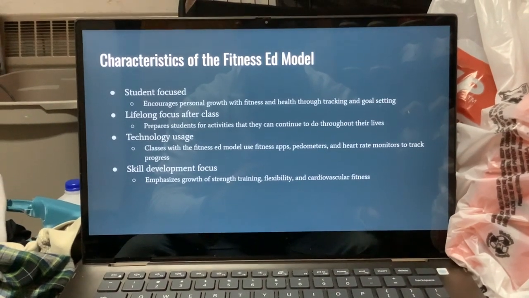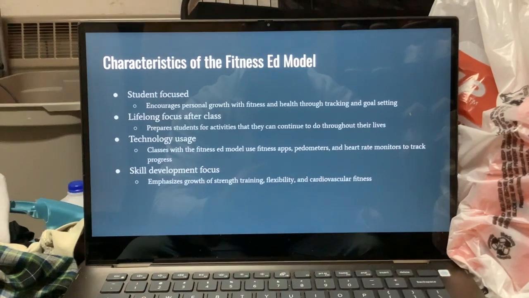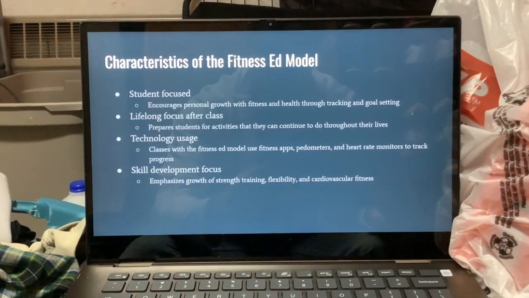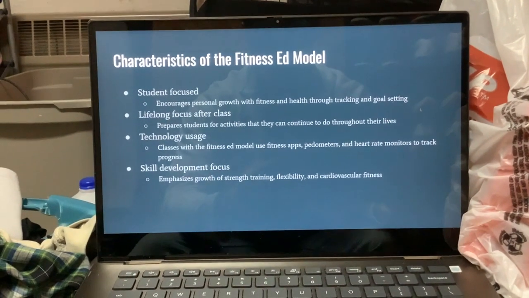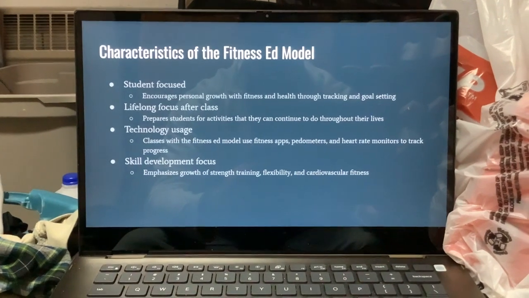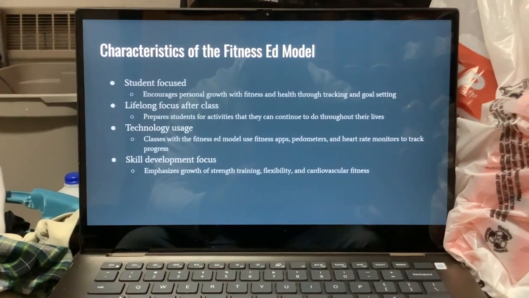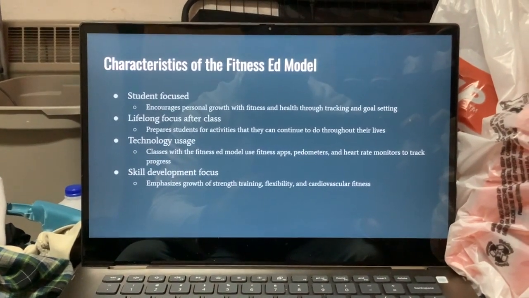I know some schools have a machine where you touch your toes, and it pretty much tells you how flexible you are and what percentile you are at. And then cardiovascular fitness as well. It tracks with technology usage with the heart rate.